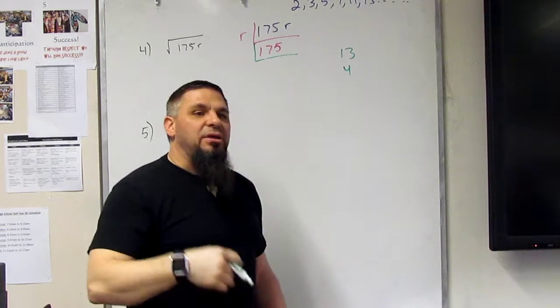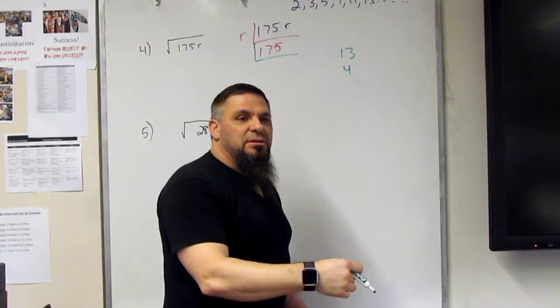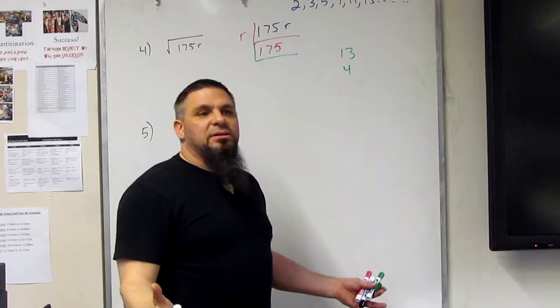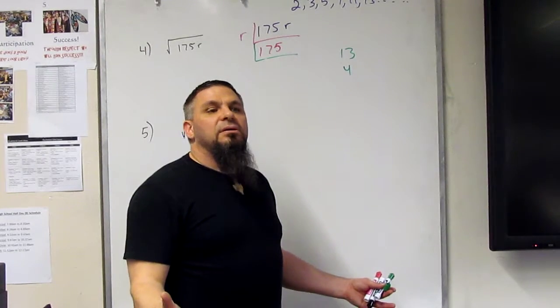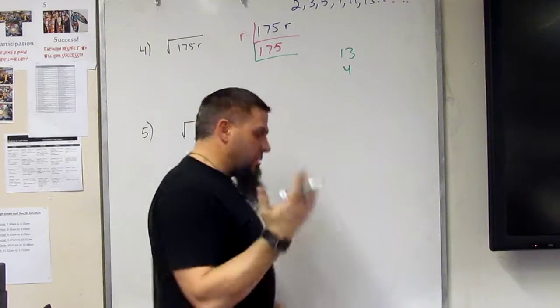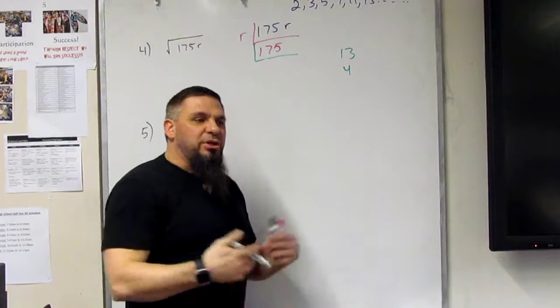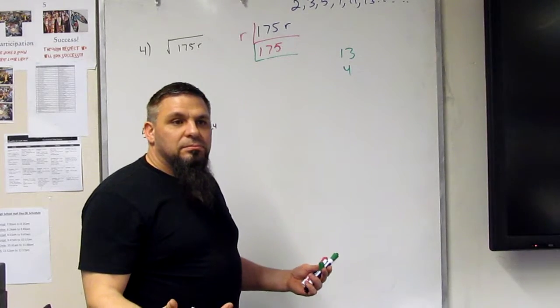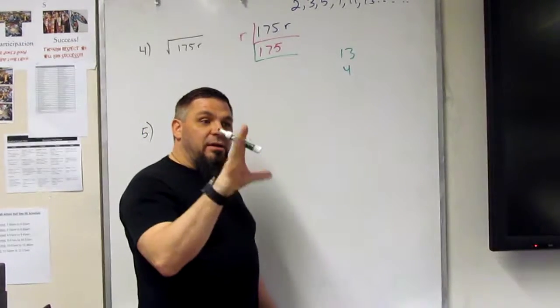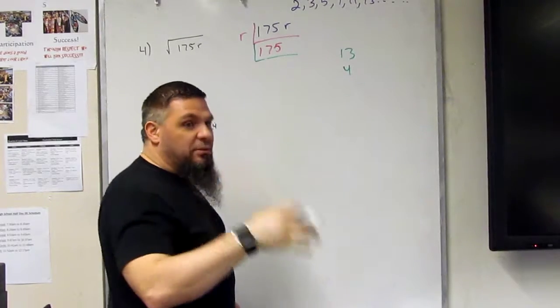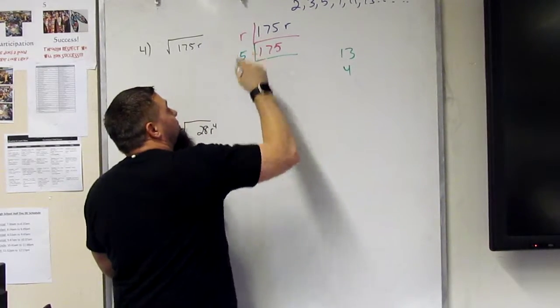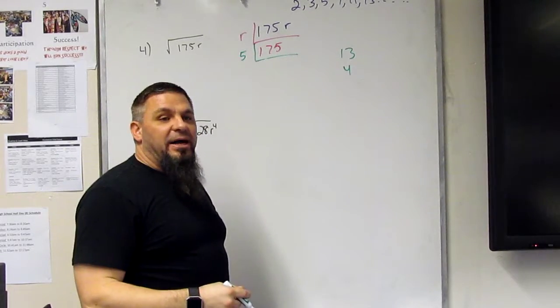And if it's not 3, 6, or 9, then it's not divisible by 3. Does that make sense? Okay. So we know 3 doesn't work, so we move to the next one. What's the trick for 5? If it ends in a 5 or a 0, then it's divisible by 5. So we know this is divisible by 5.